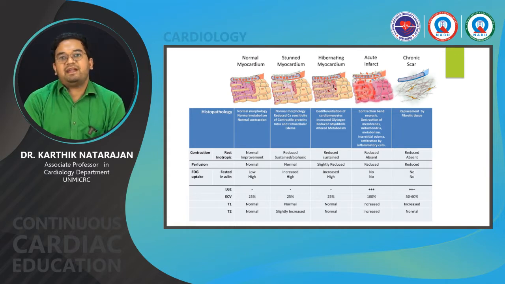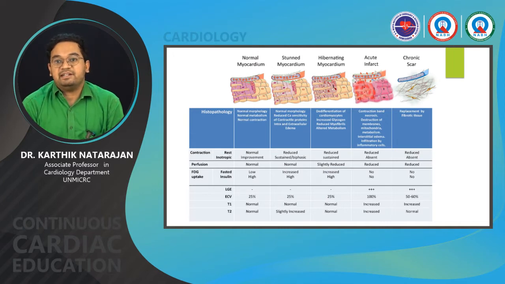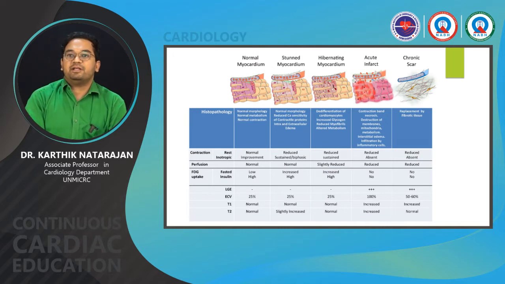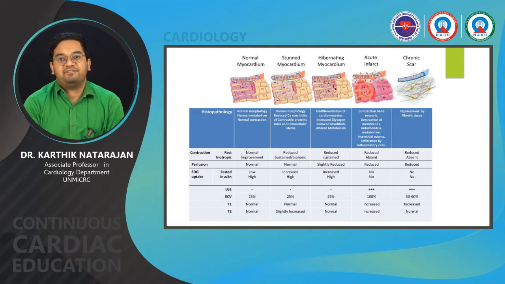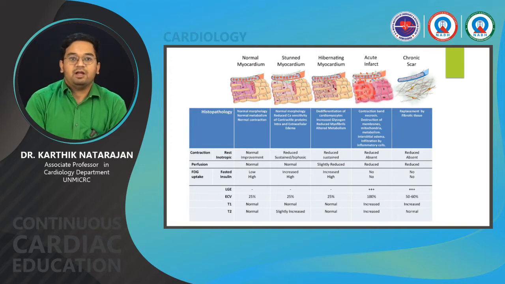There is a contraction band necrosis, destruction of the myofibrils and membranes, and there is interstitial edema. And finally, there is the formation of a chronic scar where there is a replacement by fibrotic tissue. The various modalities that we are going to study will give you a better idea.